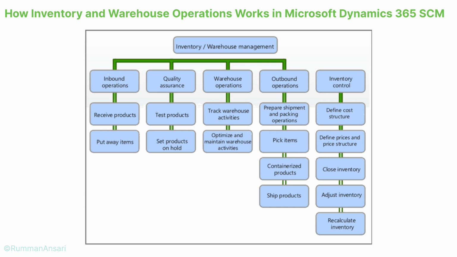Now you can see that on the right side there is inventory control. There are several functions like define the cost structure, define the prices and price structure, close inventory, adjust inventory, and recalculate inventory.